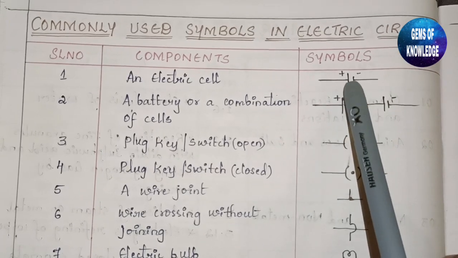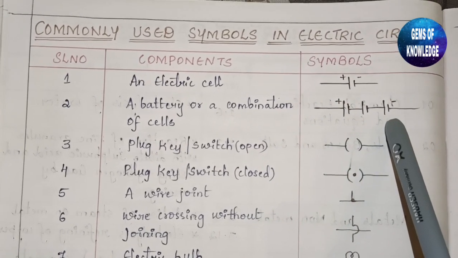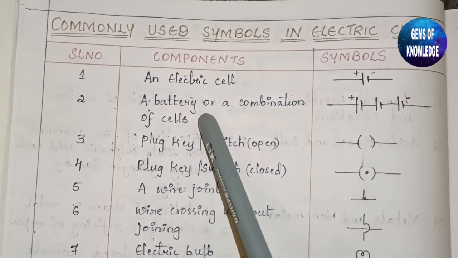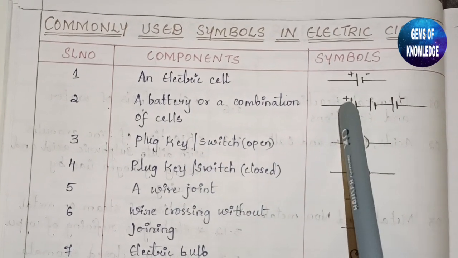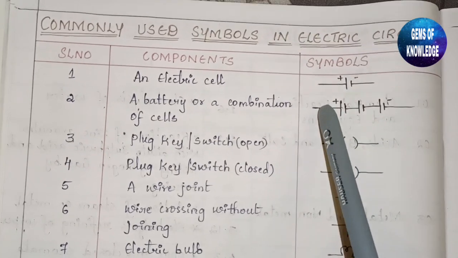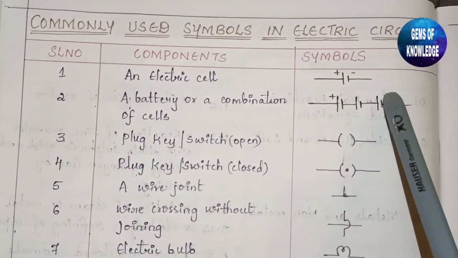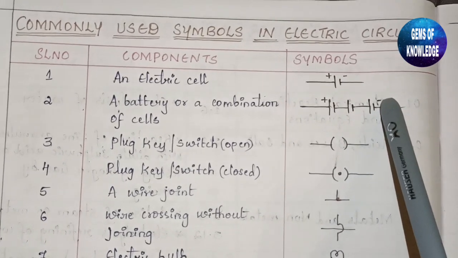When a finite number of cells are joined, it will be a battery. Here also the greater one will be the positive and the smaller line will show the negative end.